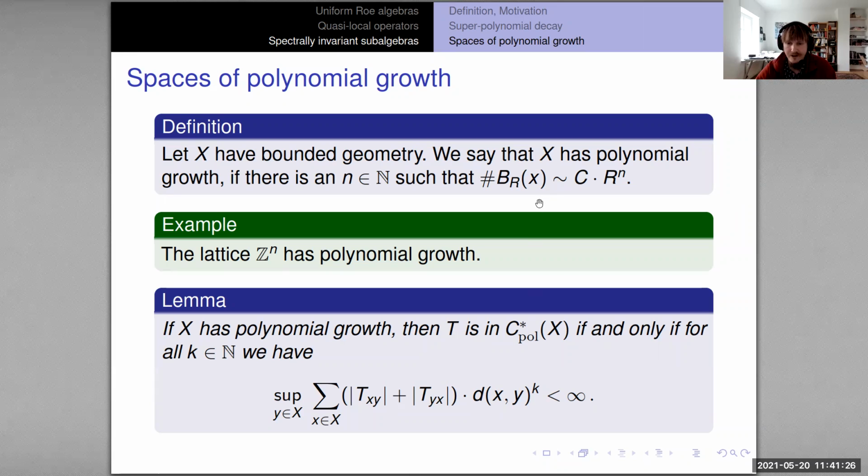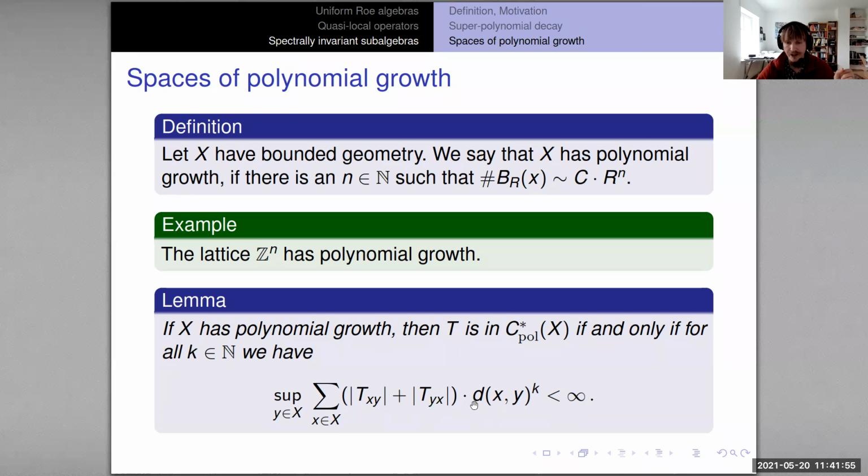And it is this characterization that you see here, namely, if your space has polynomial growth, then an operator T is in this spectrally invariant subalgebra if and only if the following condition is satisfied on its matrix entries, namely that they are summable along each column and along each row, even if you put polynomial weights to them.